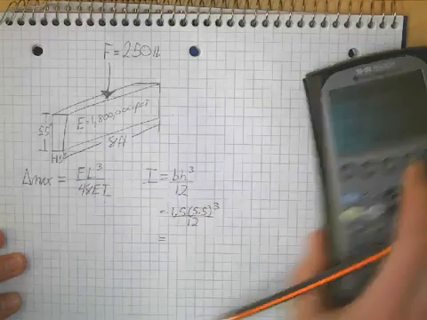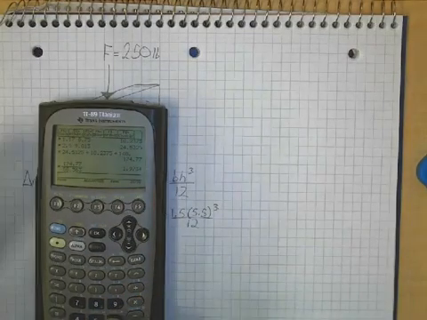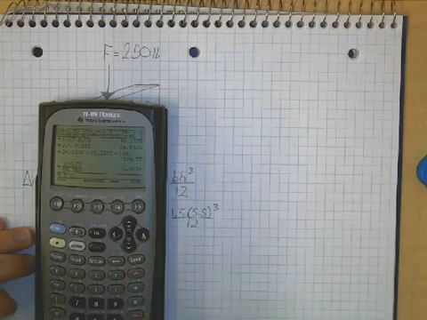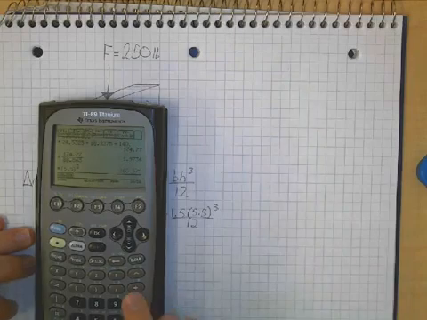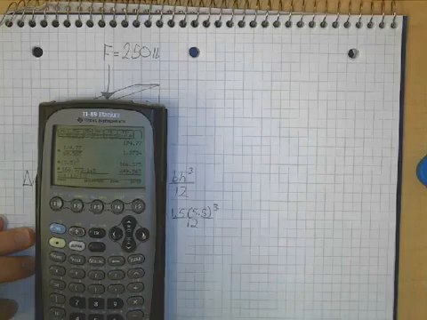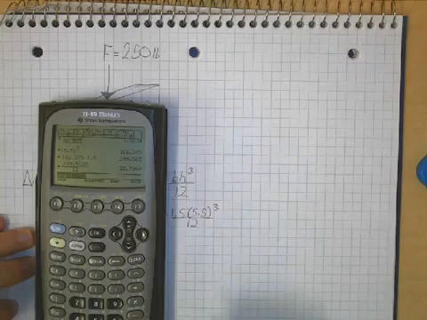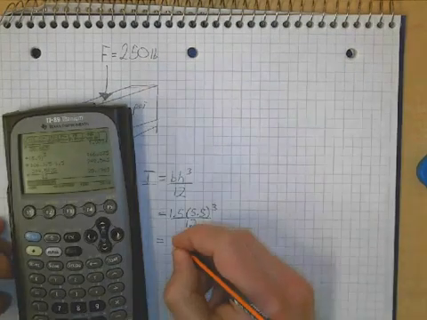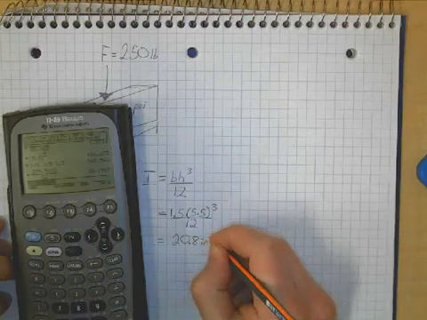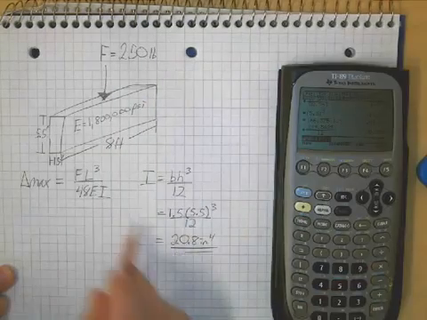I like to work backwards, so I'm going to do 5.5 cubed and hit enter, then take that times 1.5, and then take all of that divided by 12. And I get 20.79, so let's just call that 20.8, and my units for that are inches to the fourth. Okay, so now I can use that in my next equation.